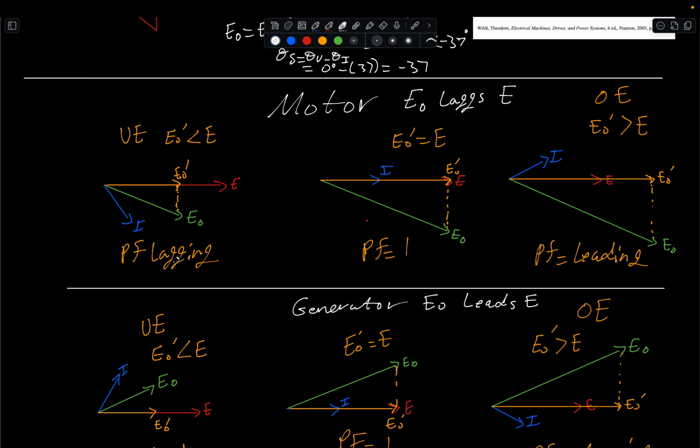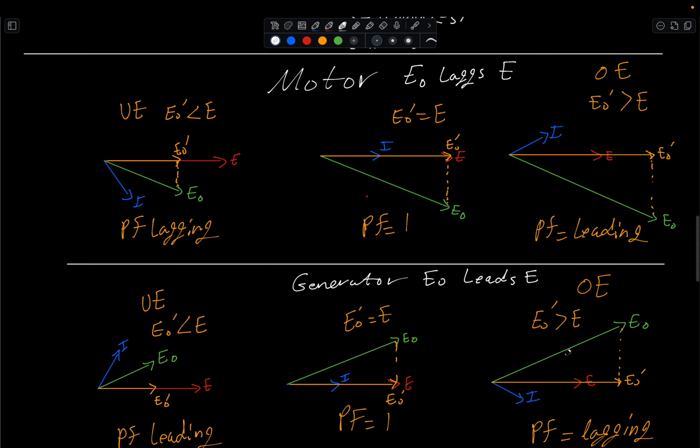The best way I remember this is I reference the motor, and whatever the motor acts as, the generator is completely the opposite. When the power factor is lagging, I know the motor is underexcited. So I automatically know the generator must be opposite. When the power factor is lagging for a generator, it's not underexcited, it's actually overexcited.